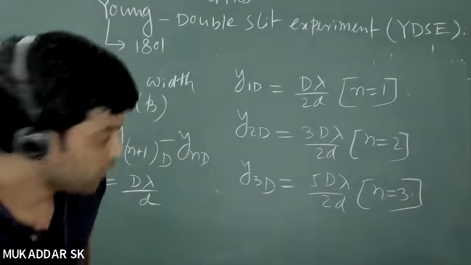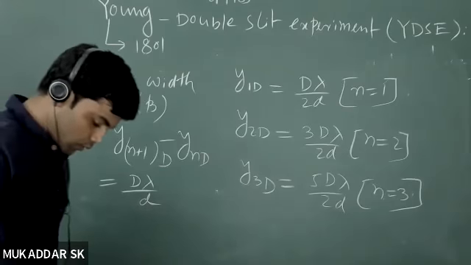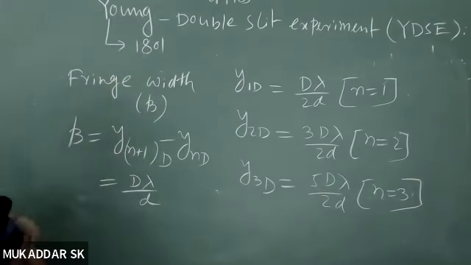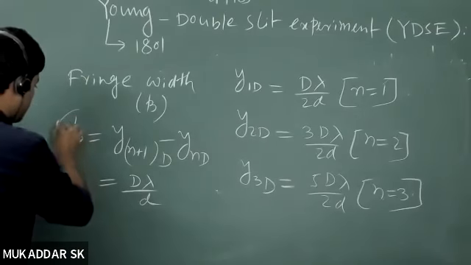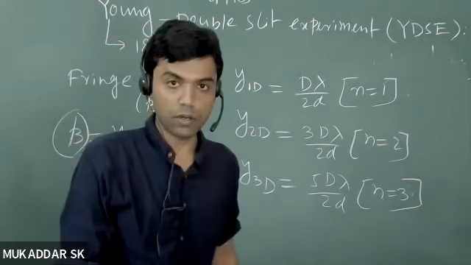Now I'll ask an important question here. Suppose you perform this Young's double slit experiment in air, and you observe the fringe width that is beta. Okay, please listen to me carefully, this is an important part.